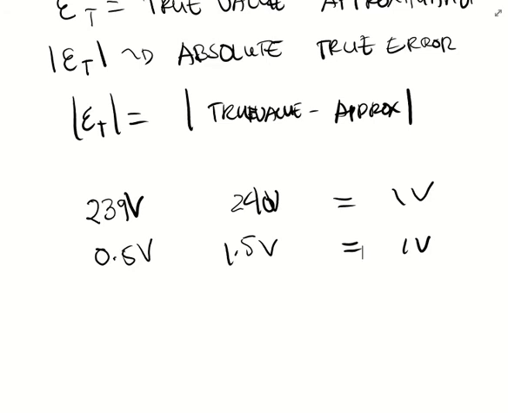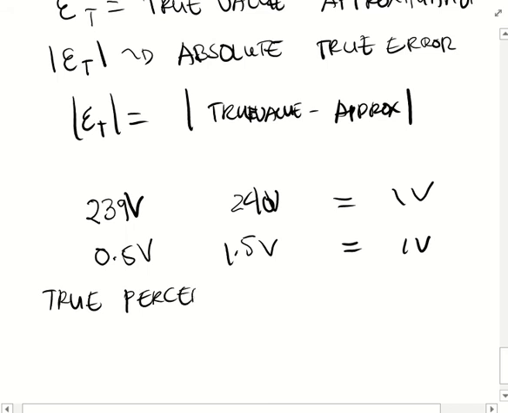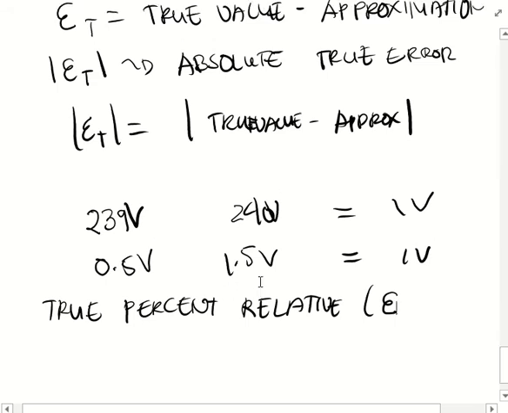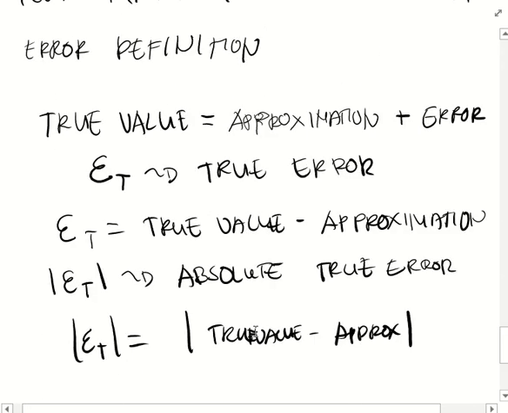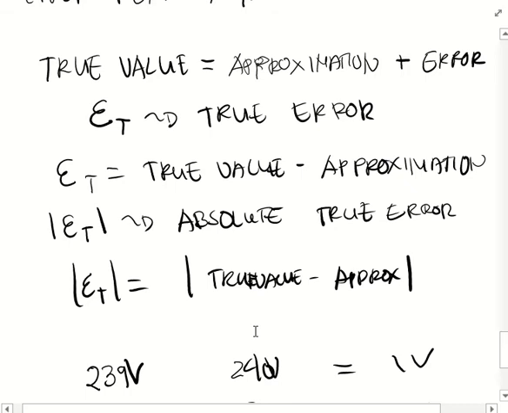So true error is not a good way to represent an error. So there's another one. We call it the true percent relative error, or simply relative error. This is much more important compared to the true error. So I will use epsilon. I already use epsilon t here, so I'll just change this one.